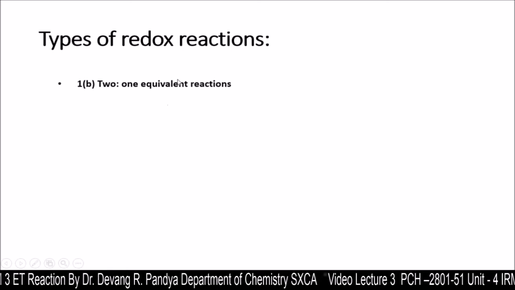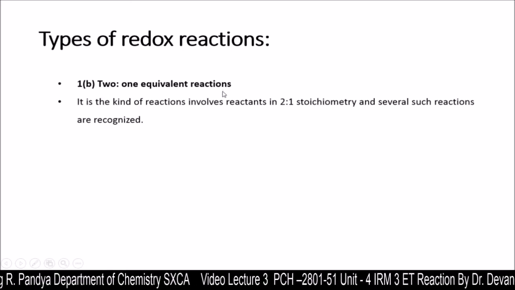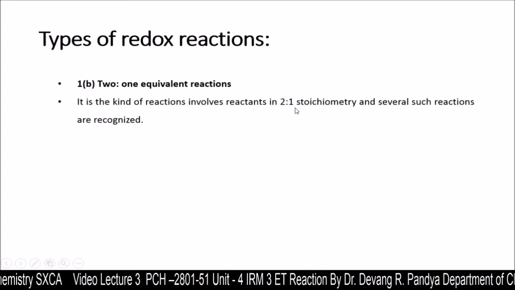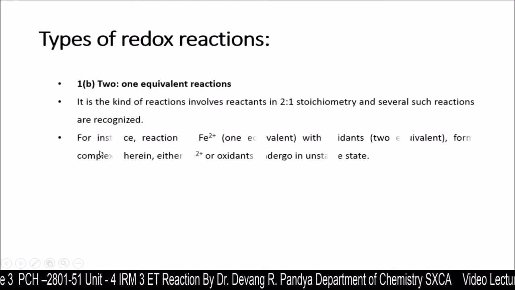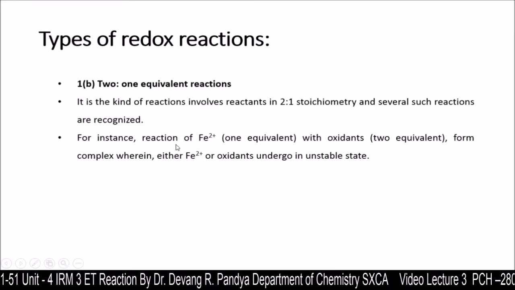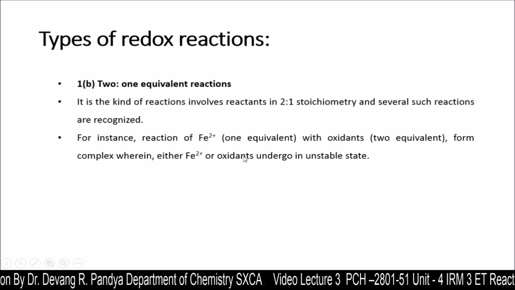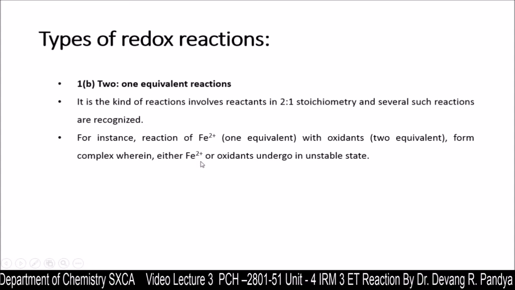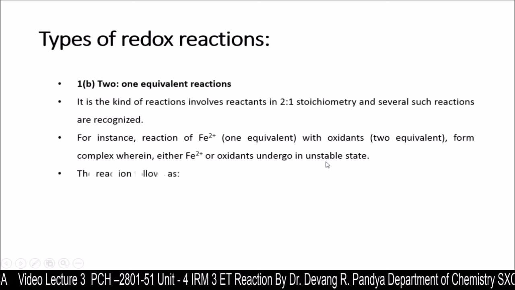The second type is the one equivalent reactions. It is the kind of reaction that involves reactants in 2:1 stoichiometry, and several such reactions are recognized. For instance, a reaction of Fe plus 2, one equivalent, with an oxidant, that is Tl plus 3, two equivalent, forms a complex wherein either Fe plus 2 or the oxidant undergoes an unstable state.